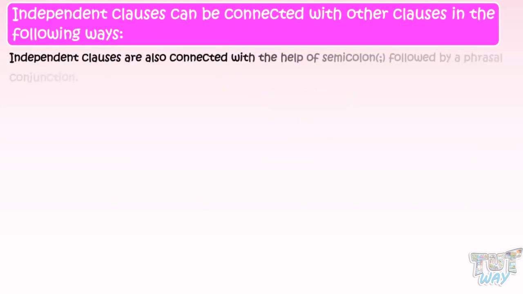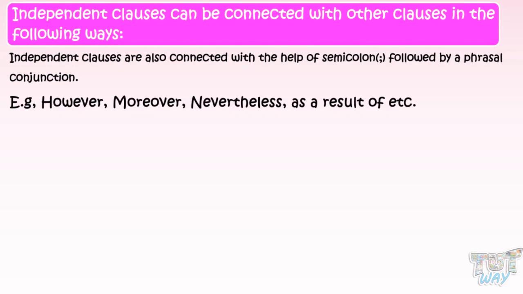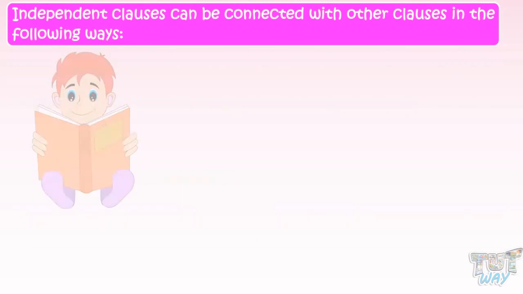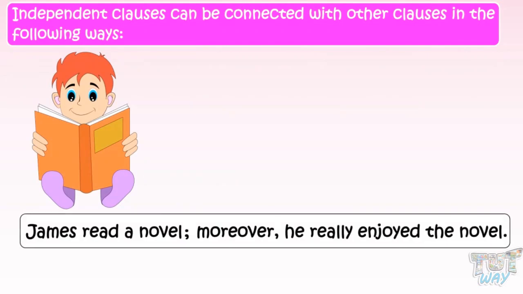Here we have another way. Independent clauses are also connected with the help of a semicolon followed by a phrasal conjunction, like however, moreover, nevertheless, as a result, etc. And this we use when we are adding the second independent clause as extra information. For instance, James read a novel.